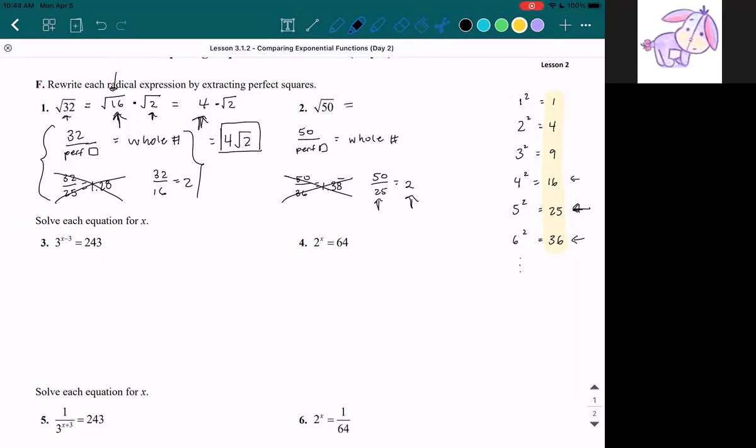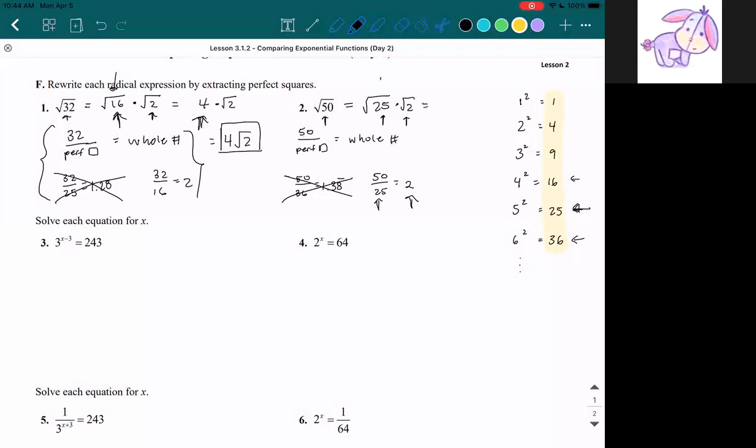So I'm going to rewrite the radical. Instead of square root of 50, I want square root of 25, remember, the perfect square goes first, times square root of 2. And that is because 25 times 2 gives me 50. So I just rewrote square root of 50 as square root of 25 times square root of 2.